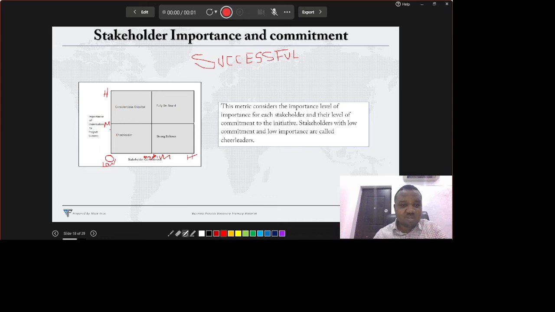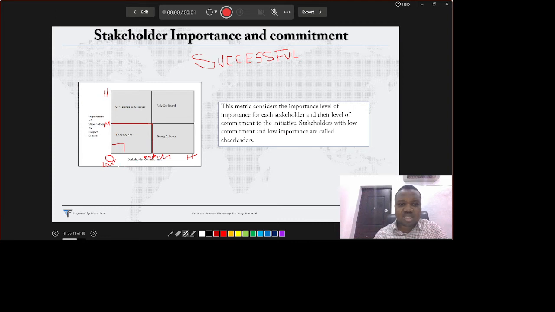So, for example, so that you can fully visualize this grid, I have a stakeholder whose level of importance to this particular project is very, very low, and his commitment level is low. They are the people that I refer to as my cheerleaders.